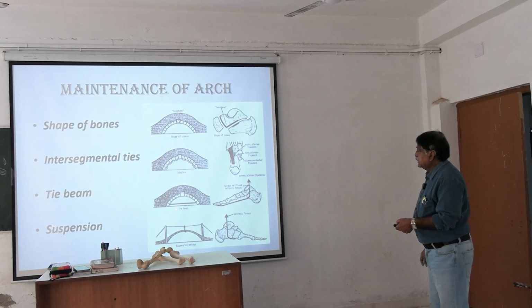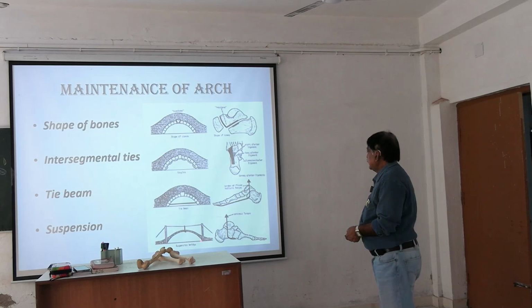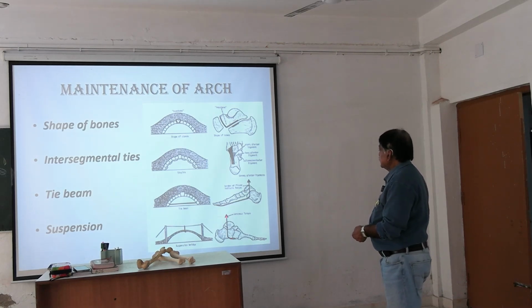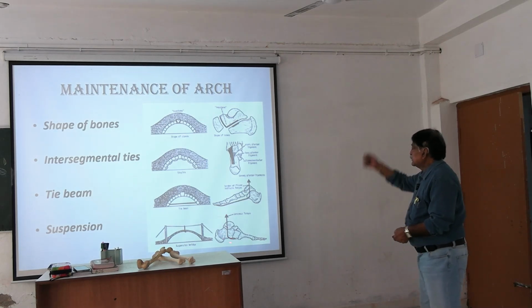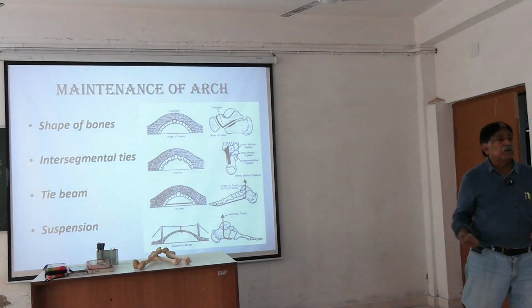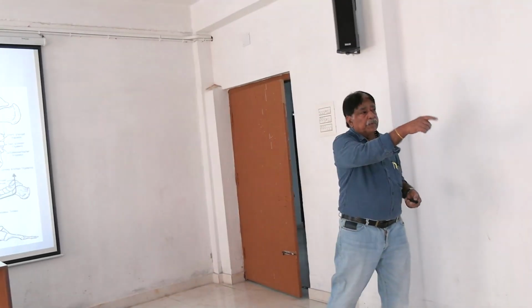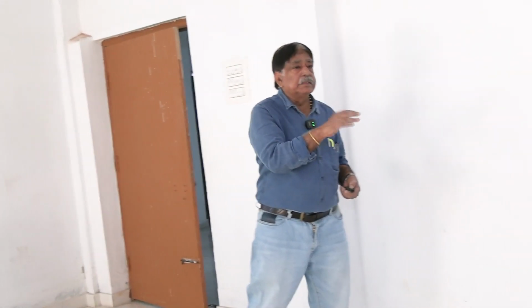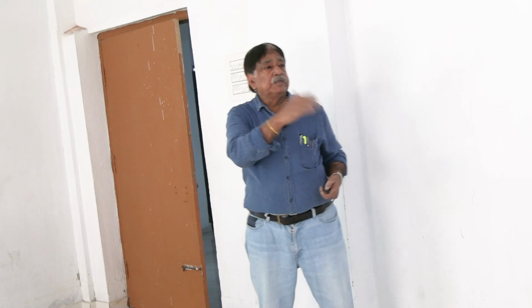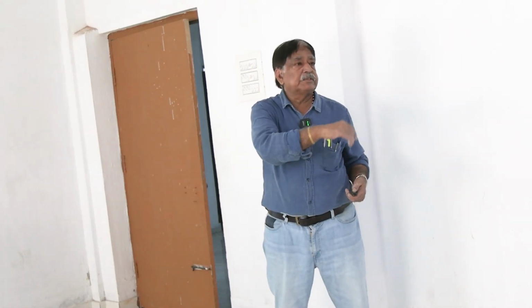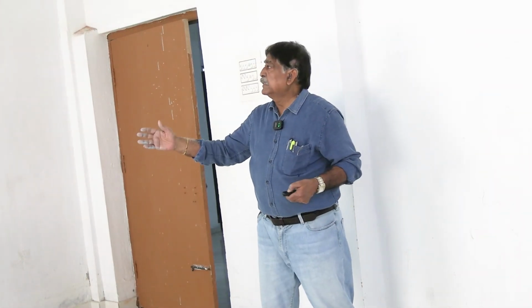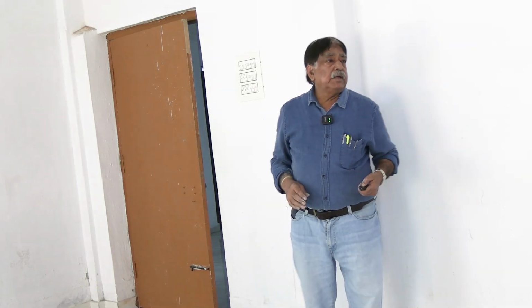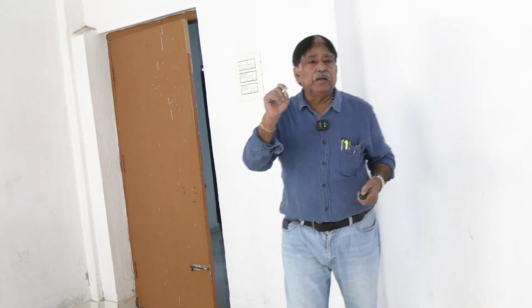Now this is the tie beam and this is the suspension, the peroneus longus. You will have these muscles on the fibula and also on the tibia. This week there will be dissection, and you correlate the maintenance of the arch. It can be a short note, or a small question of 2, 3 or 5 marks.